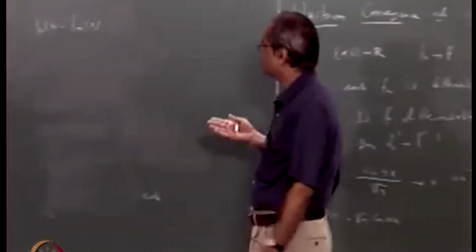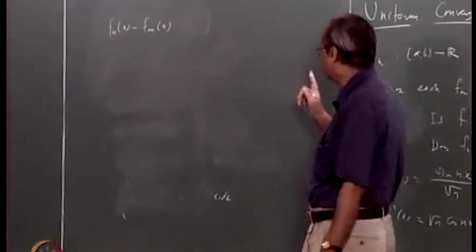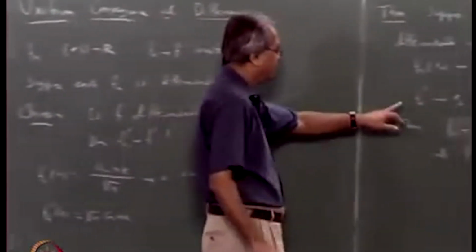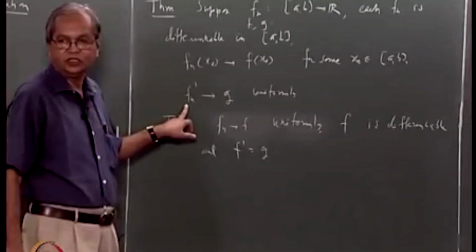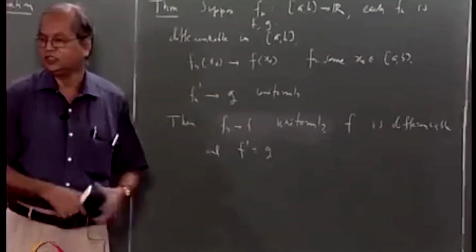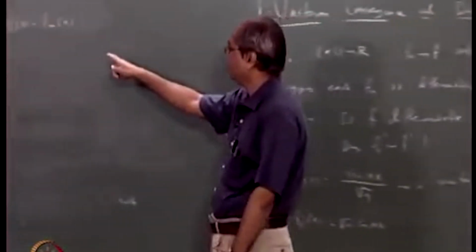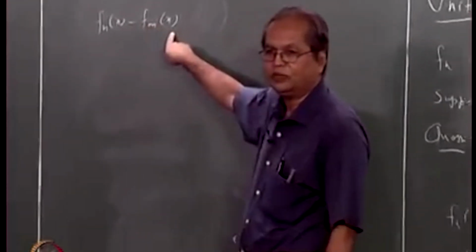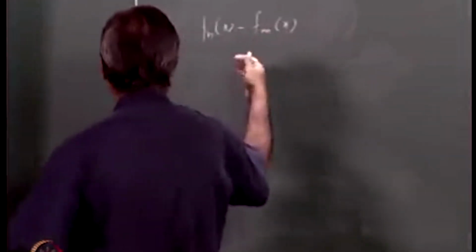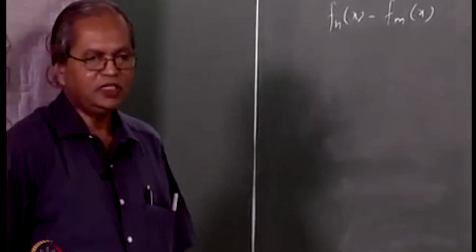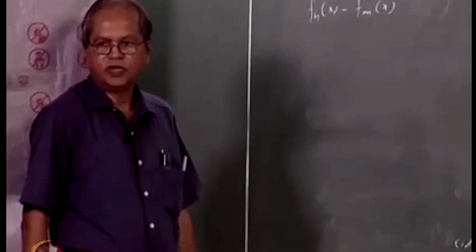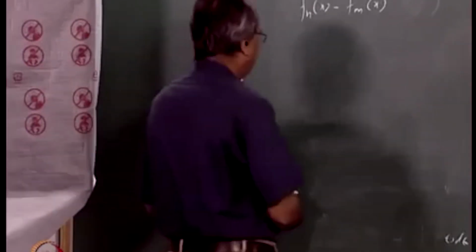So our idea is basically we add and subtract. Similarly, what we know is that fn prime converges to g uniformly, so fn prime satisfies the Cauchy criteria. So if instead of fn x minus fm x, I had taken fn prime x minus fm prime x, that quantity can be made arbitrarily small, and we use all these facts. So what is the idea?